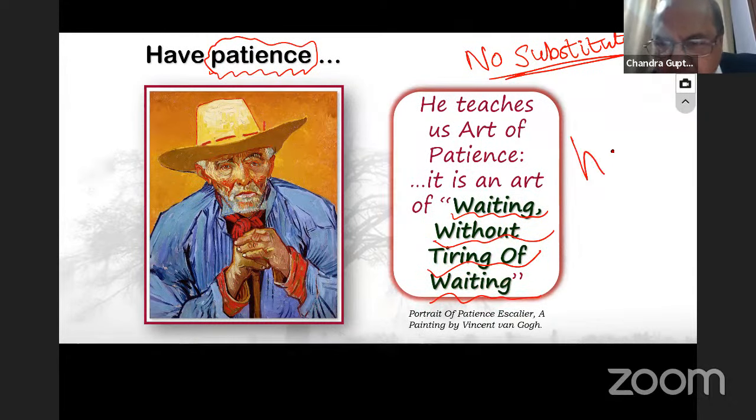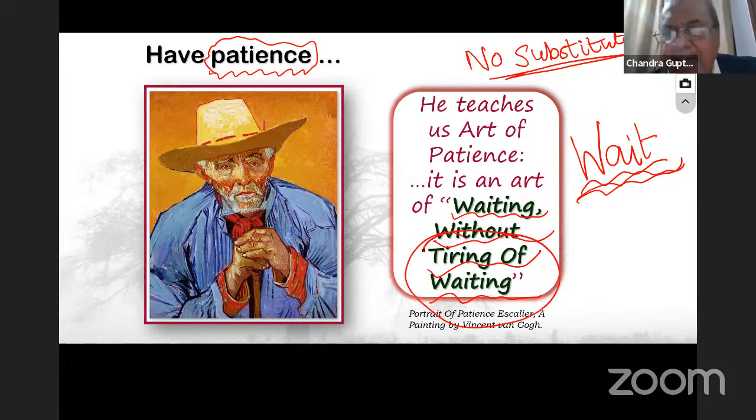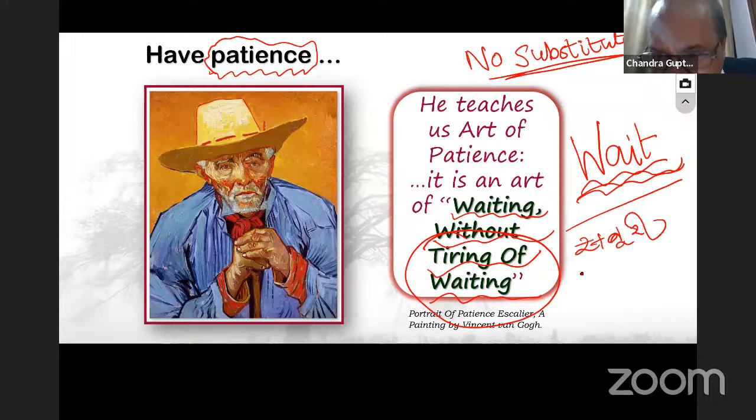You have to wait. Patience means you have to wait for the results without tiring of the waiting. And what Sai Baba says, Saburi, patience. And that's very, very important for all researchers.